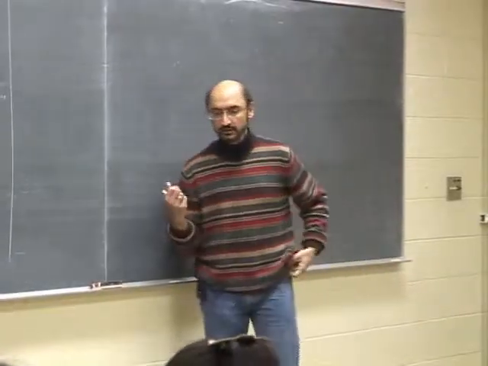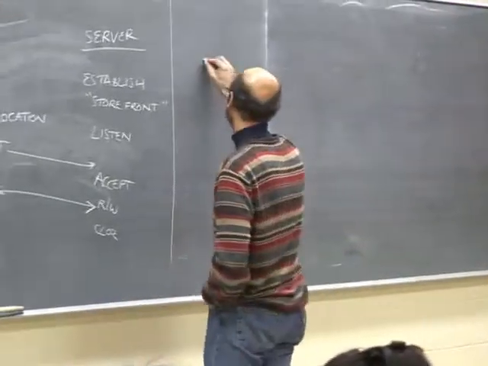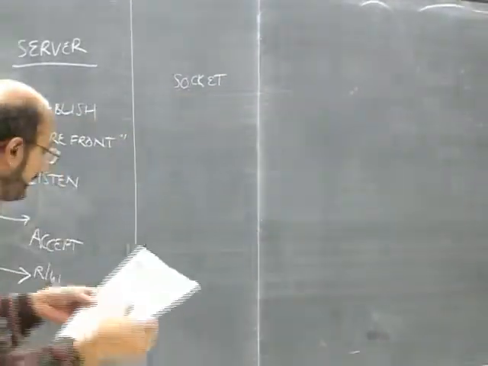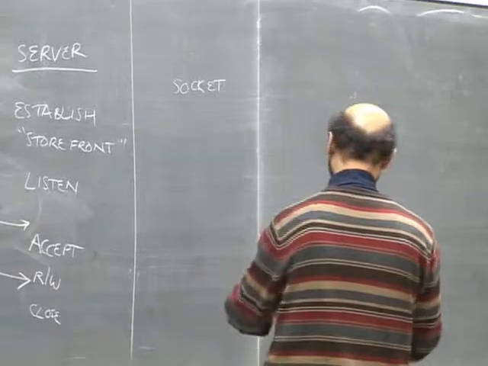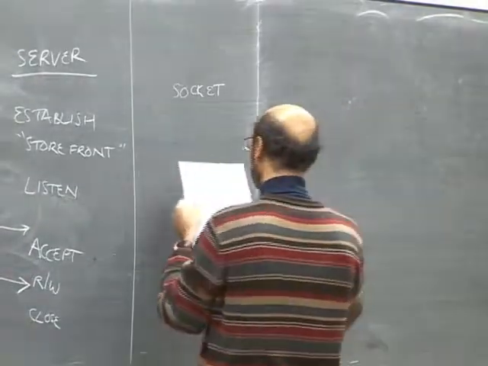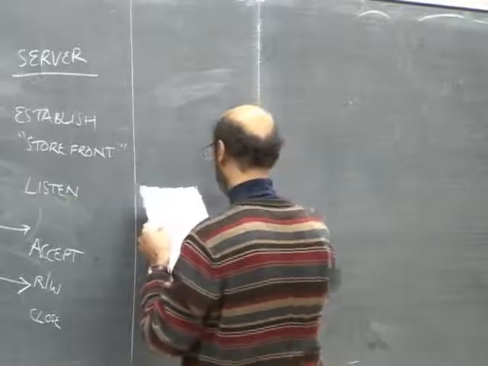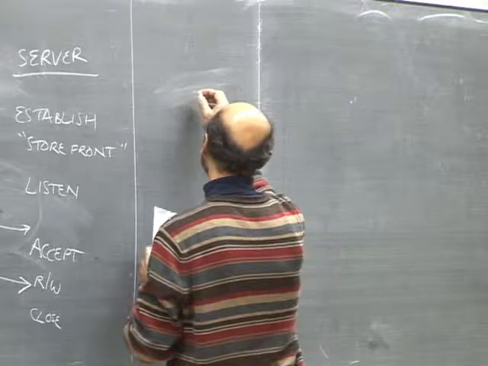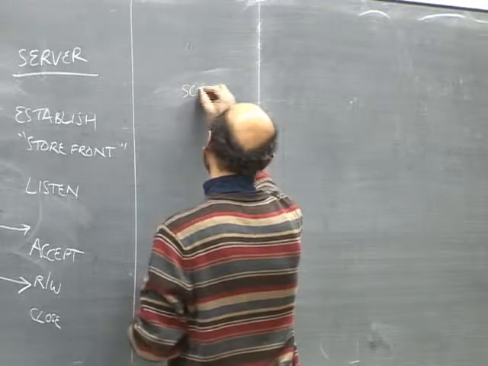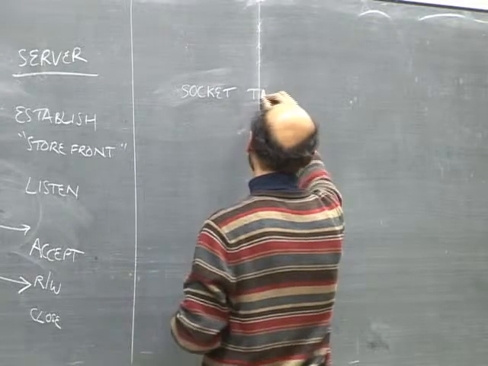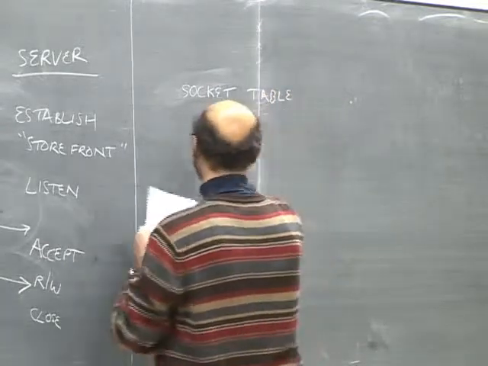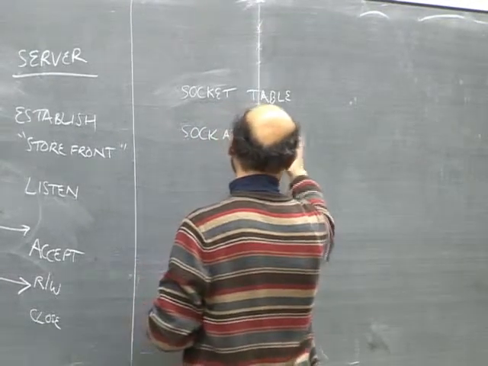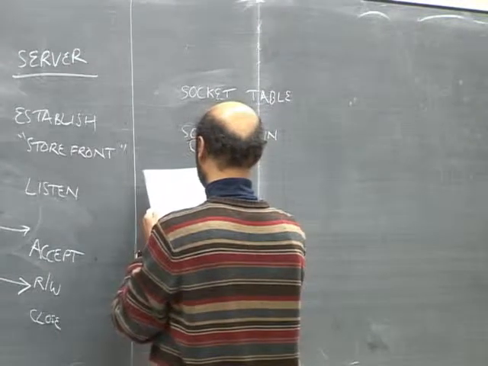So I'm going to talk about three things: the socket table, the sockaddr, and then something called the hostent.